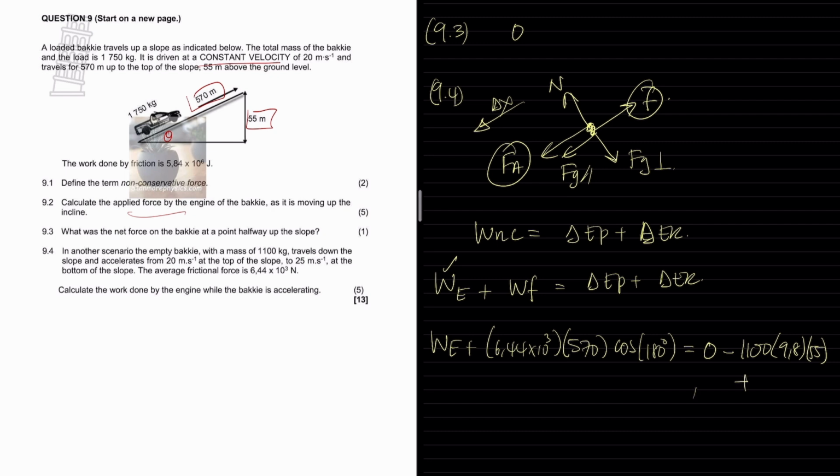So plus half 1100, and then VF squared is 25 squared minus VI squared is 20 squared. Now we can solve for WE. So the work done by the engine is going to be equal to 3.20 times 10 to the power 6 joules.